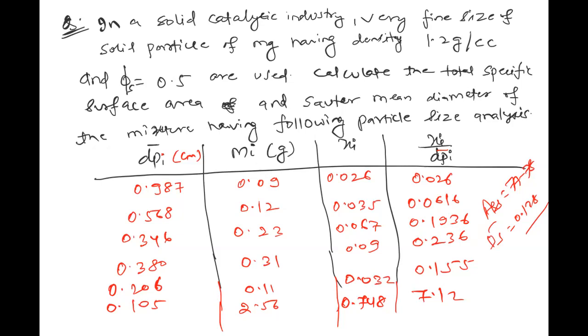We already discussed representation of mesh number. What is mesh? It means the number of holes or openings per linear inch. We also discussed that negative indicates the particles have passed through the mesh screen, and positive sign means that materials have been retained on the screen. And I also discussed the Taylor screen, the ratio of Li by Li plus 1 equal to root 2.